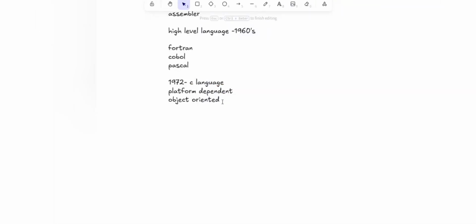In the 1970s, the C language was introduced. And after C language, around the 1980s, there came another famous language, that is C++. C++ was also a high level, platform dependent and object oriented language. Even C++ could only run on the same platform.